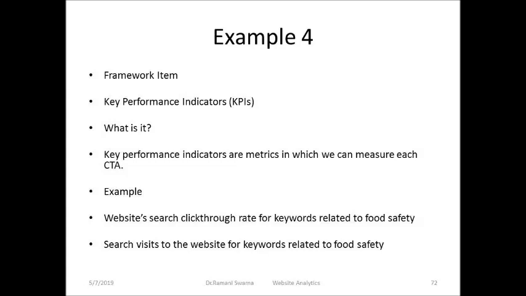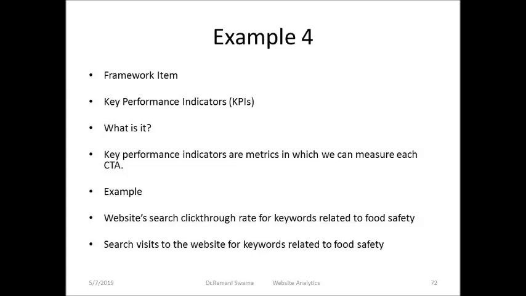The moment I key in the words, what do I get? Similarly, search visits to the website for keywords related to food safety. If I key in, for example, marketing research tools in Google, the list given to me by Google is what I'll look at, and the moment I click one of them, that would be my search visit for that particular website.